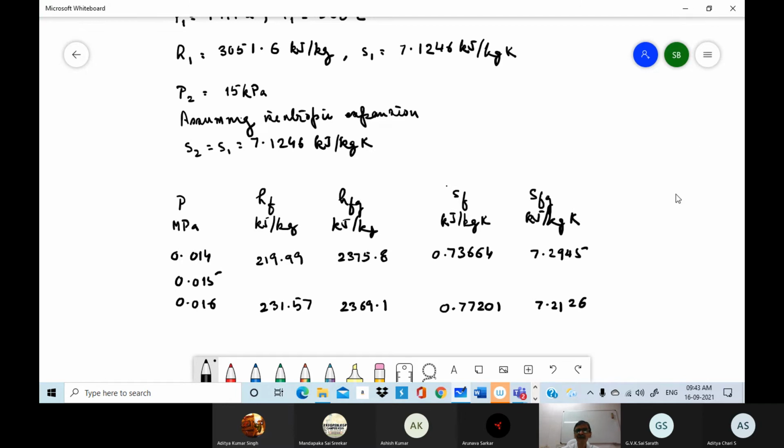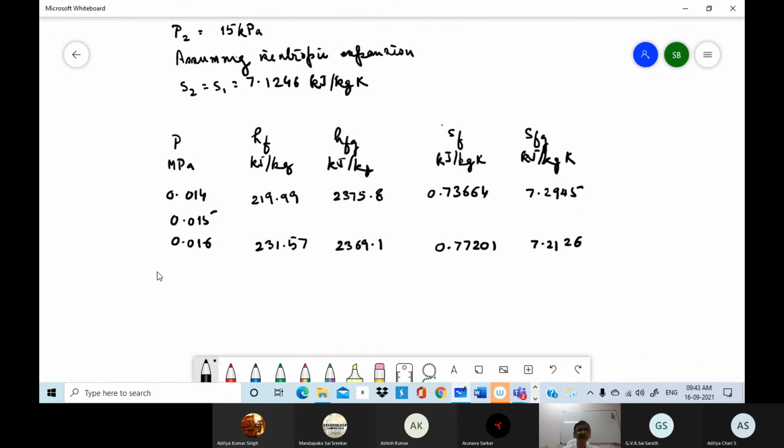So these are values which we see from the table. So taking the average, that gives us an approximation for the value at a point halfway.